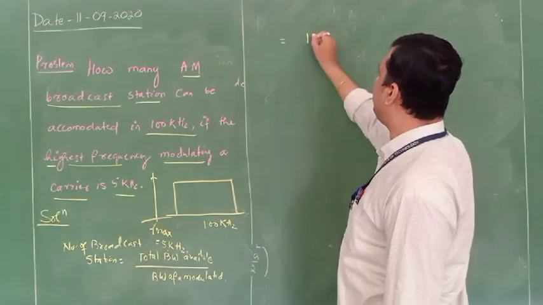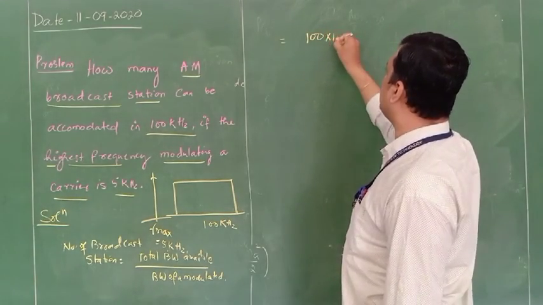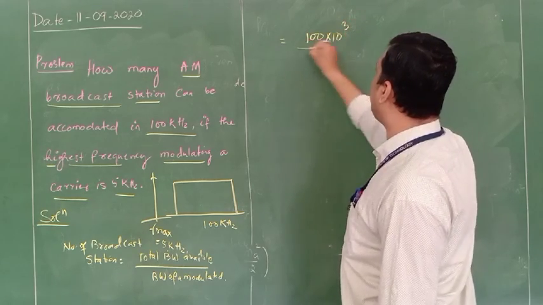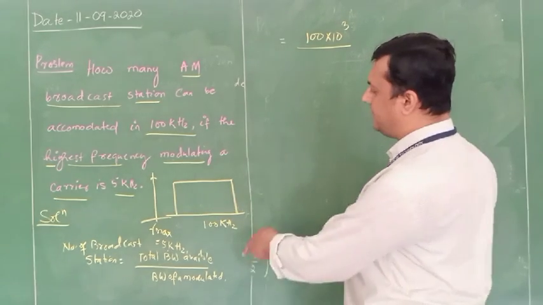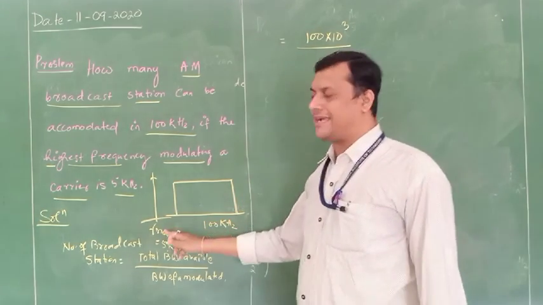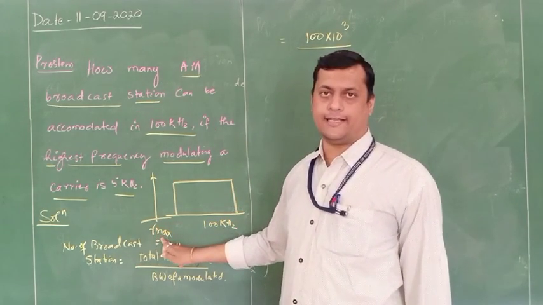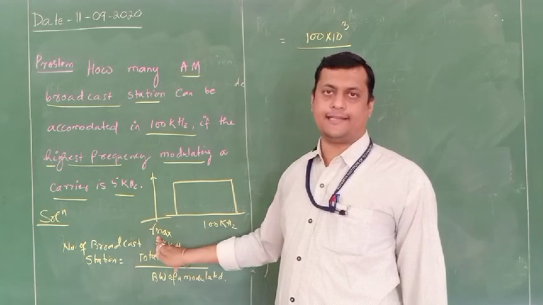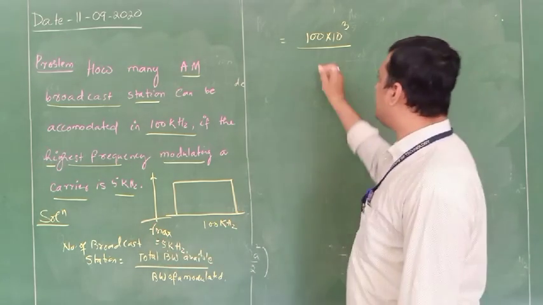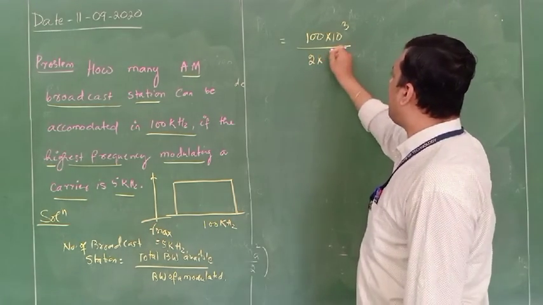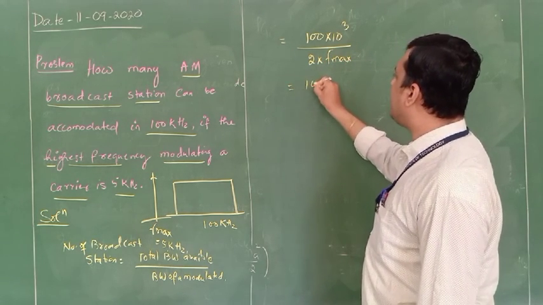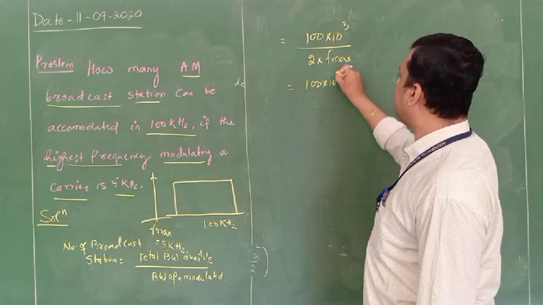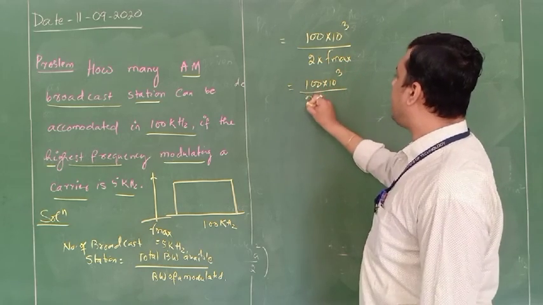So what I will write: total bandwidth available is 100 kilohertz, 100 into 10 to the power 3 hertz, and the bandwidth available in the modulating signal. This is the maximum frequency available in the modulating signal. So for this modulating signal, what is the bandwidth? The bandwidth is twice F max. Done. So it is 100 into 10 to the power 3 divided by 2 times F max.